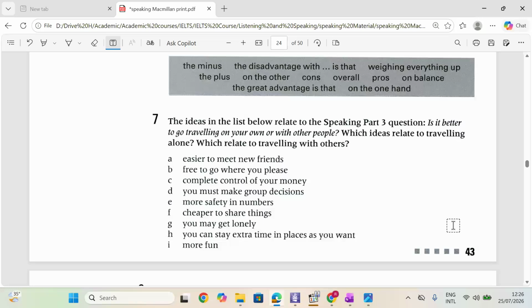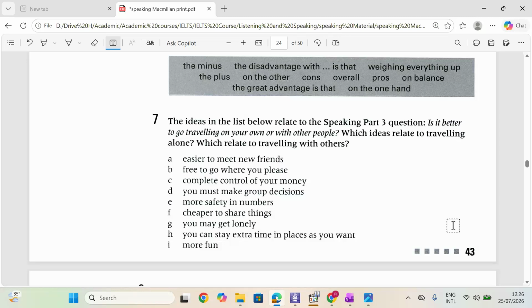Yeah, for drawing a conclusion, yes, or comparing between two things. To express the result of comparing between two things. When you compare, you talk about the first thing, then you talk about the second thing, then you come to weighing everything up. It's like coming up with a conclusion or the result of this comparison.